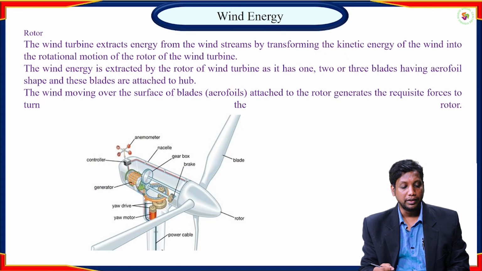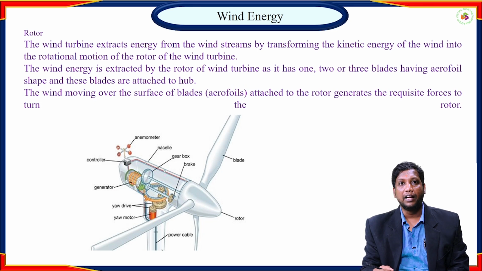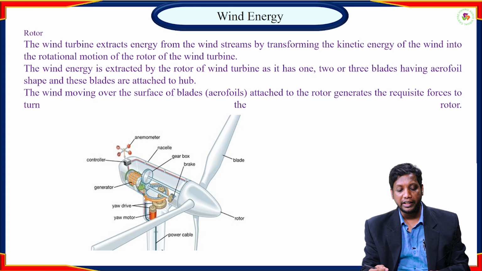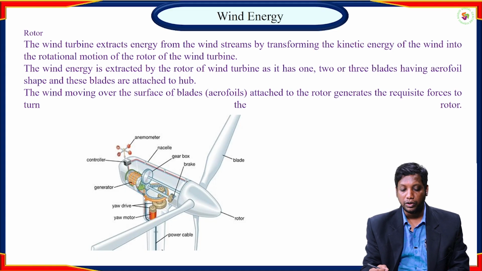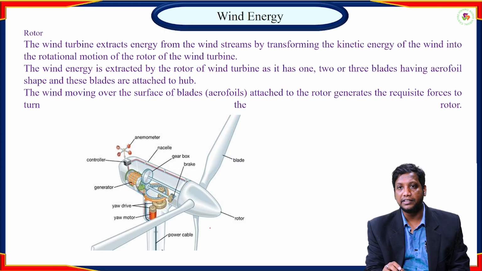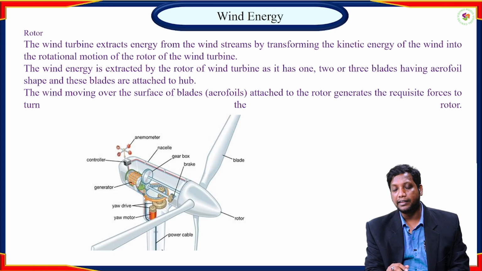So if we consider the windmill establishment, in that windmill the rotor plays an important role. In the rotor, various components will be there. First, in the rotor the blades are attached. We can have various kinds of blades: single blade, double blade, triple blade, and different configurations of blades can be used.